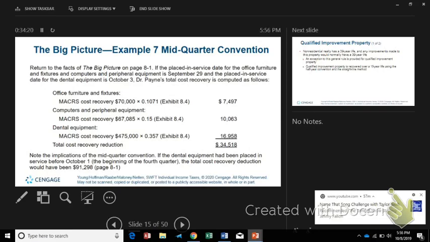The way to avoid this very easily, if you don't want to have to do it, is that $475,000 equipment. If they would have bought that on 9/29, then they'd be able to use this $90,000. They would have bought that 4 days earlier. They could have done that. Companies know how taxes work. If they don't want to use mid-quarter, then don't buy 40% of your equipment in the fourth quarter.